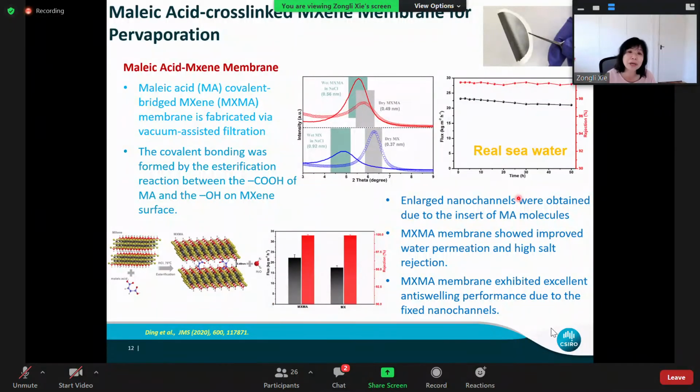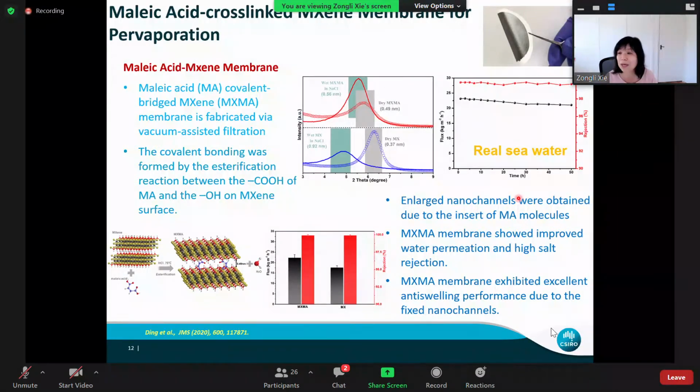And then we also look at 2D nanosheets. So we start exploring a few nanosheets, and MXene is one of them. MXene has the advantage of having a lot of functional groups, but it also swells in water.